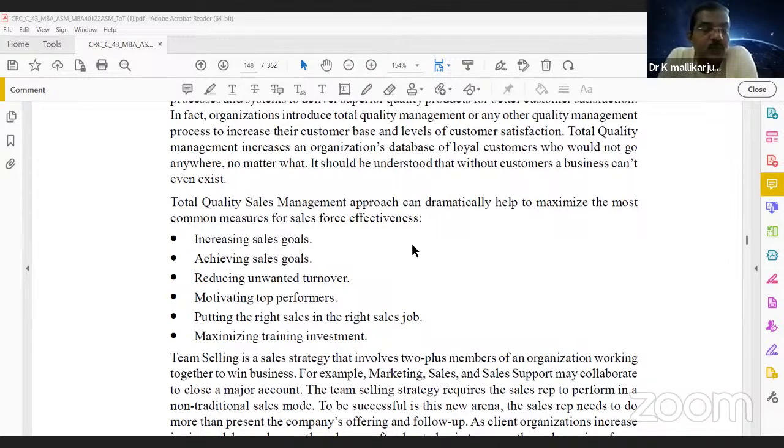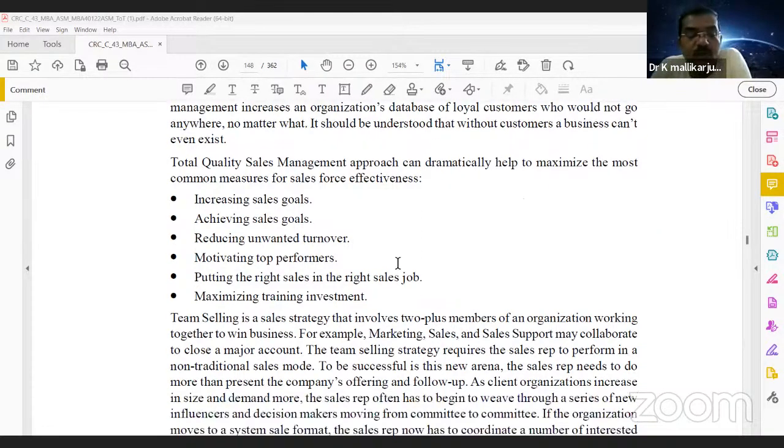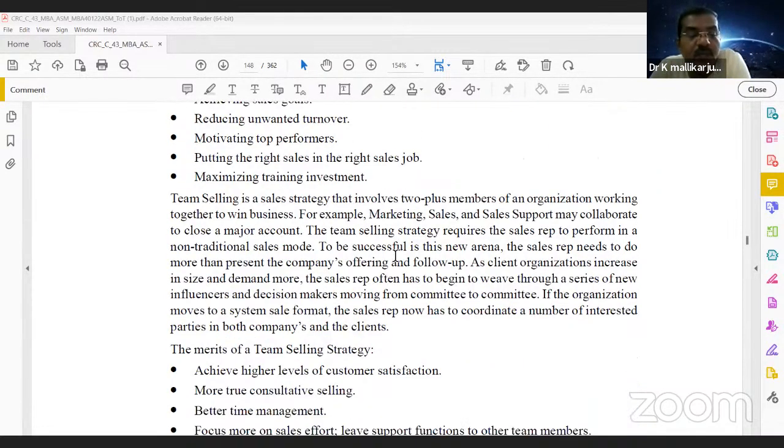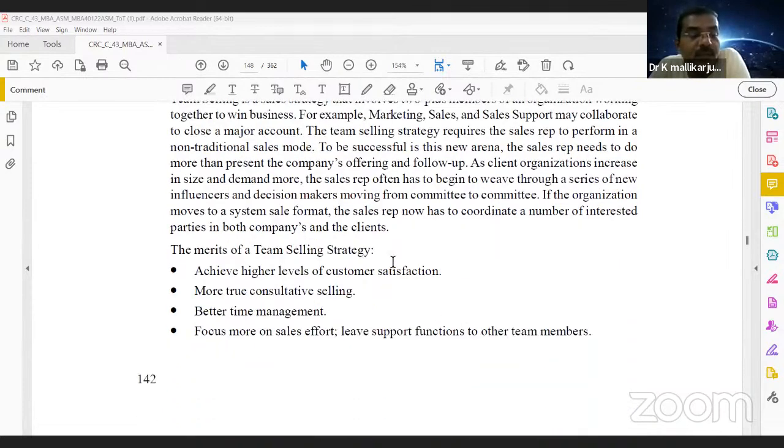Motivating top performance: those performing well within the sales force should be motivated with incentives or rewards. And putting the right salesperson in the right sales job, the right person in the right place. Maximizing the training investment: whatever amount is spent on training, getting it back is also required.